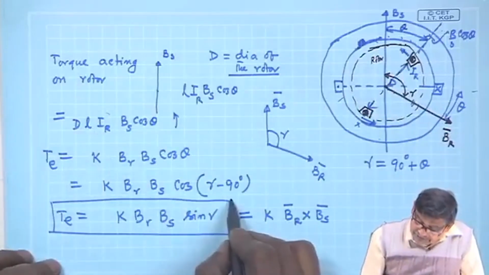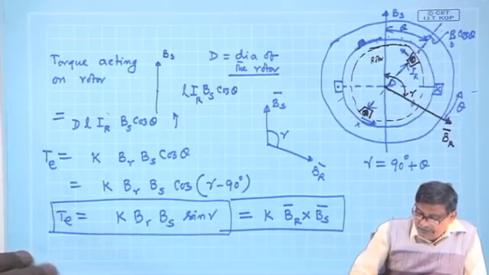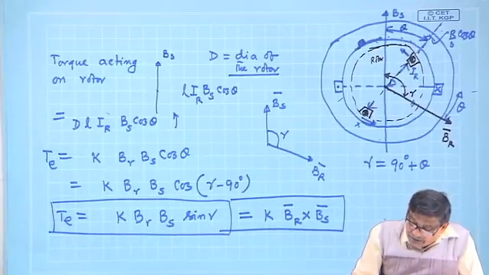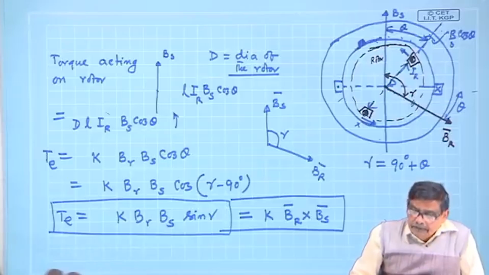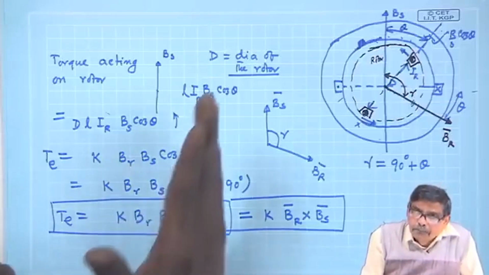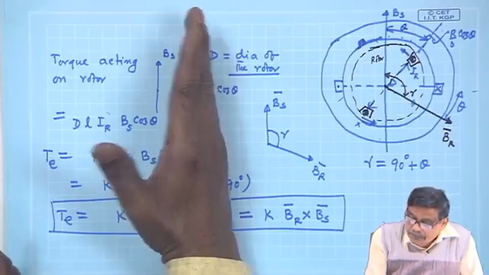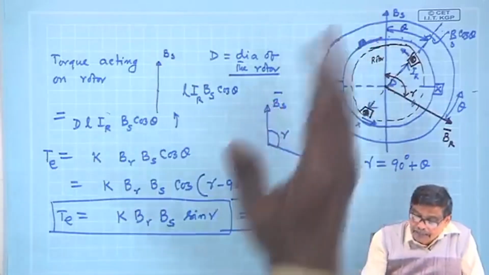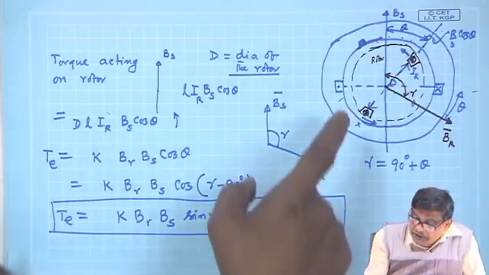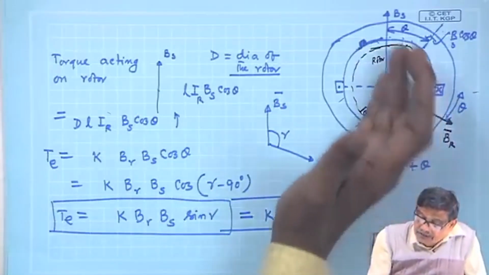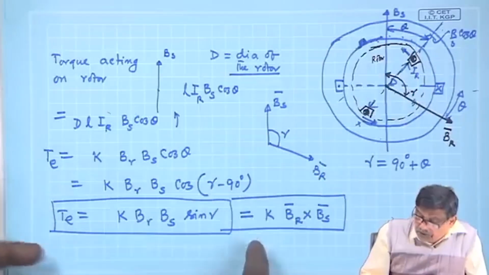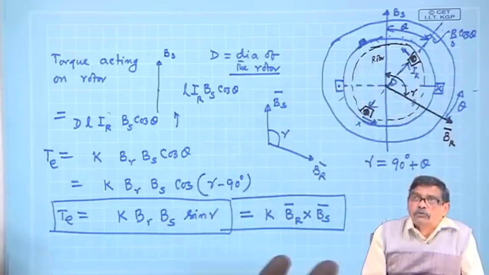So, this is the important result: the electromagnetic torque developed by a machine, if you know the position of Bs, the field produced by the stator coil, and the position of the rotor field at any instant of time, is this torque experienced. What I told you in the derivation is that the rotor is not allowed to move.